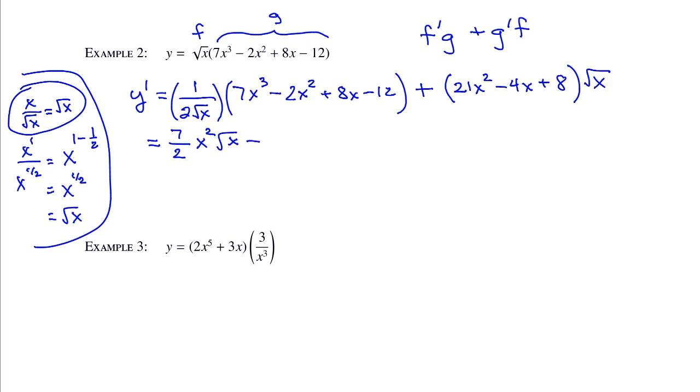Next, the 2's cancel. And then we have x squared divided by the square root of x. So that is x root x. Next, 8 over 2 is 4. X divided by the square root of x is the square root of x.